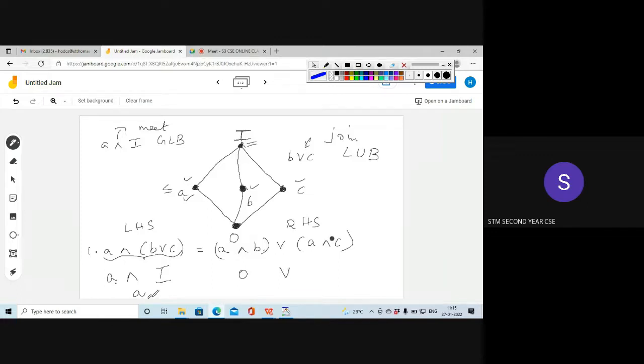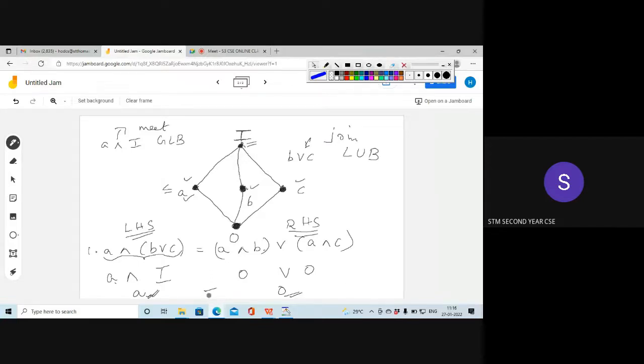Now what is A and C? That is the meet of A and C, the greatest lower bound of A and C. Again, it is 0. So 0 join 0 is 0. So this RHS evaluated to 0 and the LHS evaluated to A.